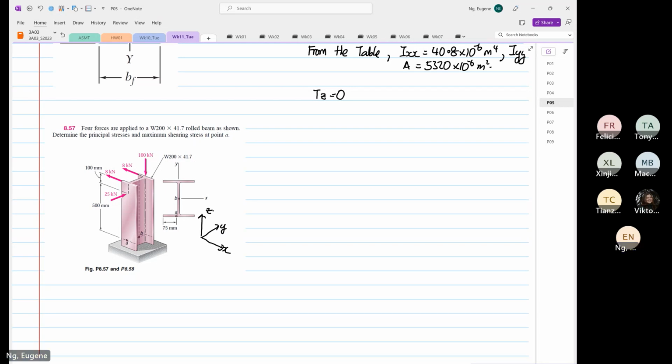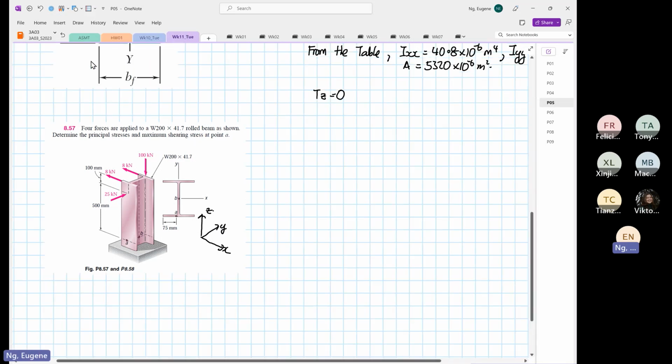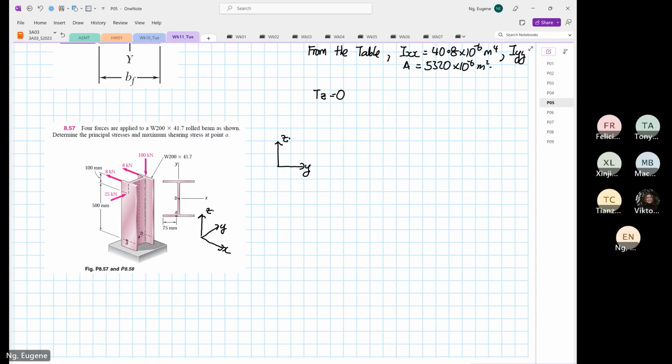So I'm going to first draw our yz plane. An important thing to deal with this is you have to be really organized. If you're not organized, you can't solve problems like this. This is Y. This is Z. Rotation and X.